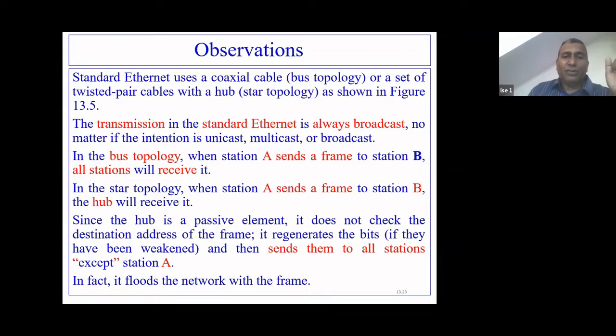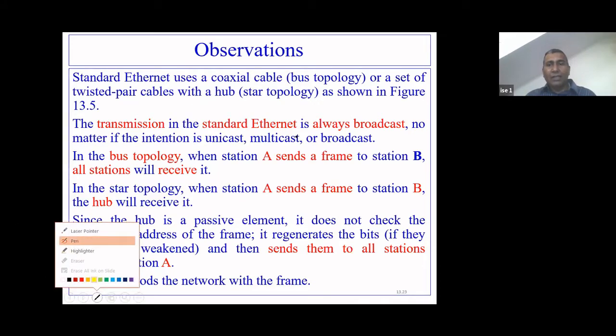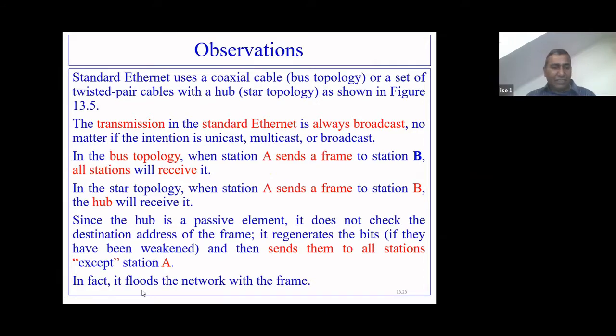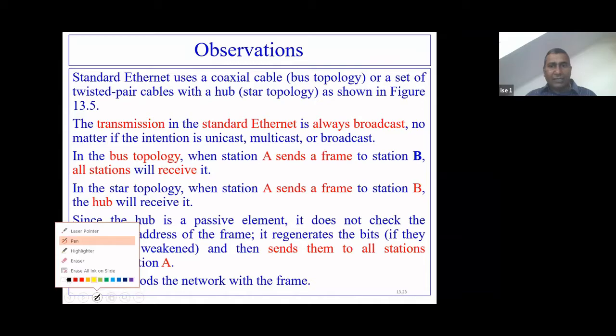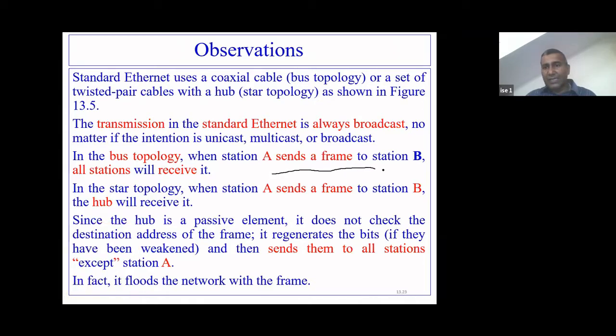Now, bus topology is something like this. You have a central bus here, and this is the station connected to it. So this is the sending host and this is, say, the receiving host.